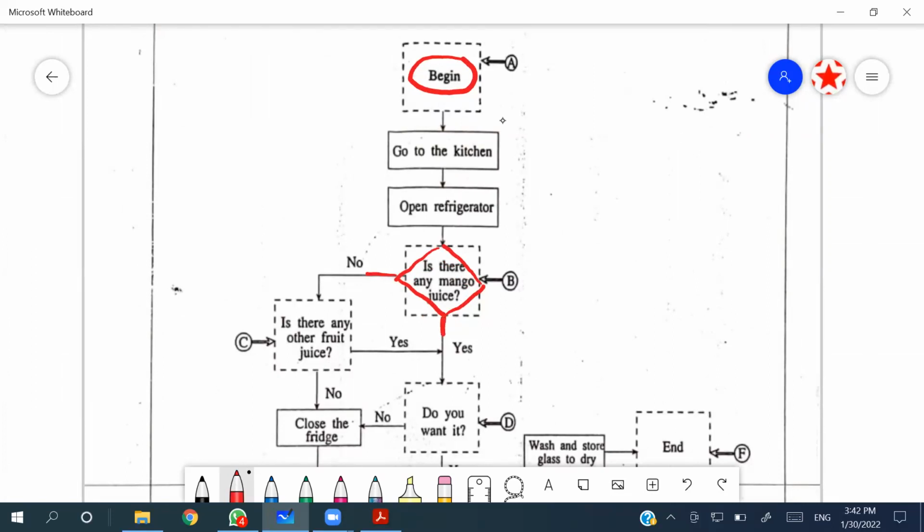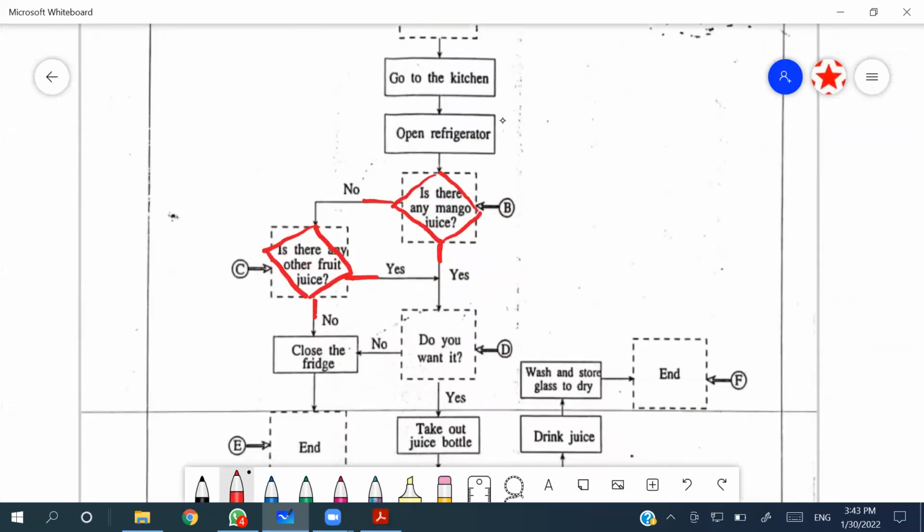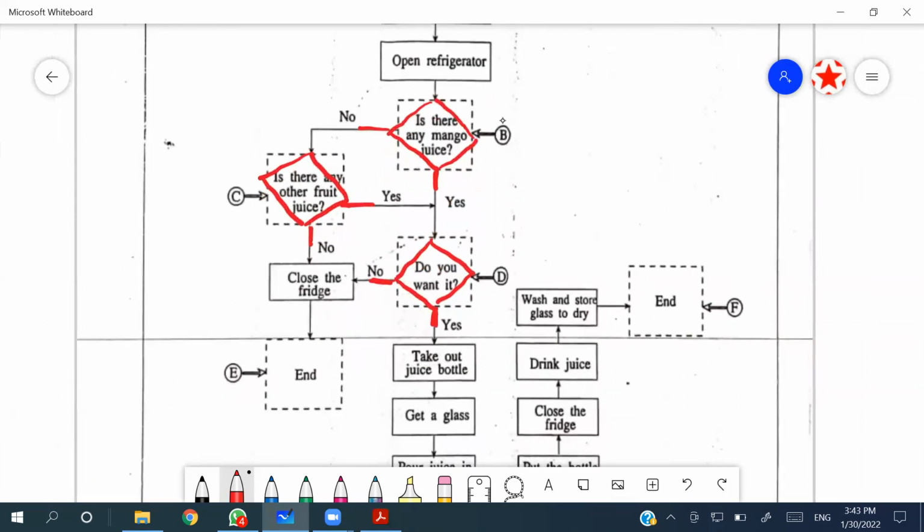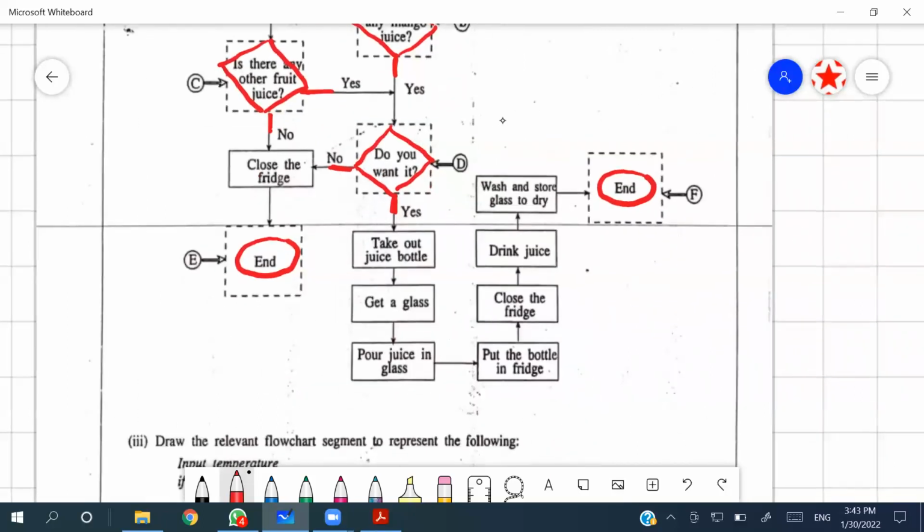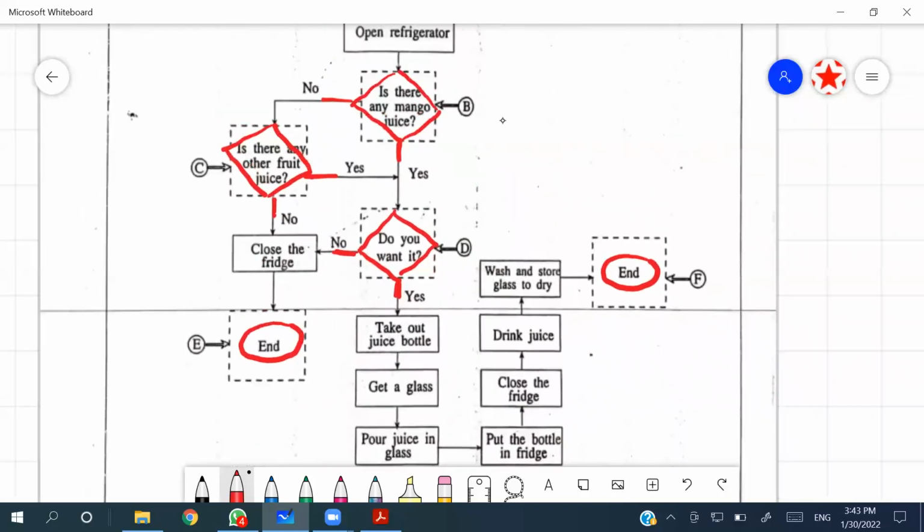That is how we recognize it is a diamond shape. And when it comes here, it has another two lines, which means this is also a decision. And when it comes here, it again has two ways to derive, so again this is a decision. For end, there will be an oval shape, and for this end, it is also going to be an oval shape. Right? It is as simple as that.